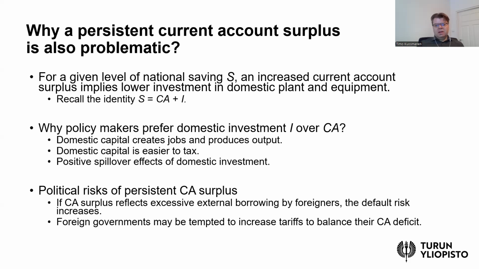And this is something that the new administration by Donald Trump in the USA has indicated to do. So for these reasons, the current account surplus is not a blessing.